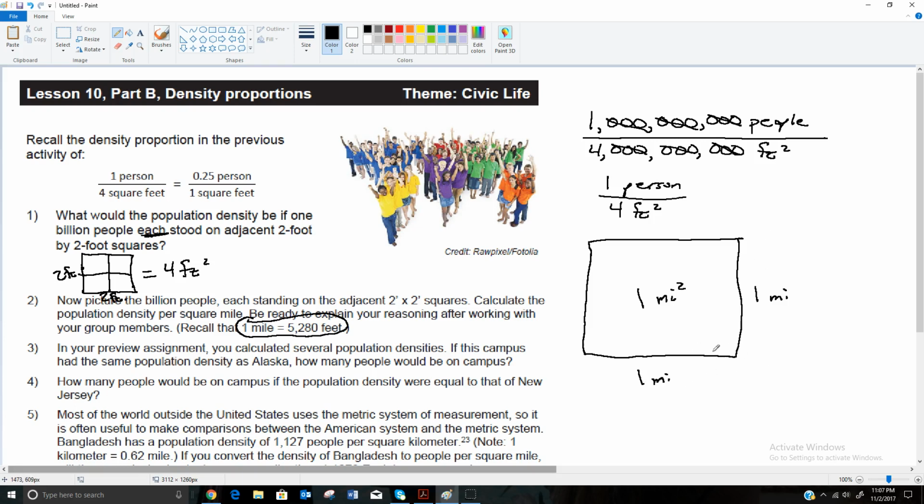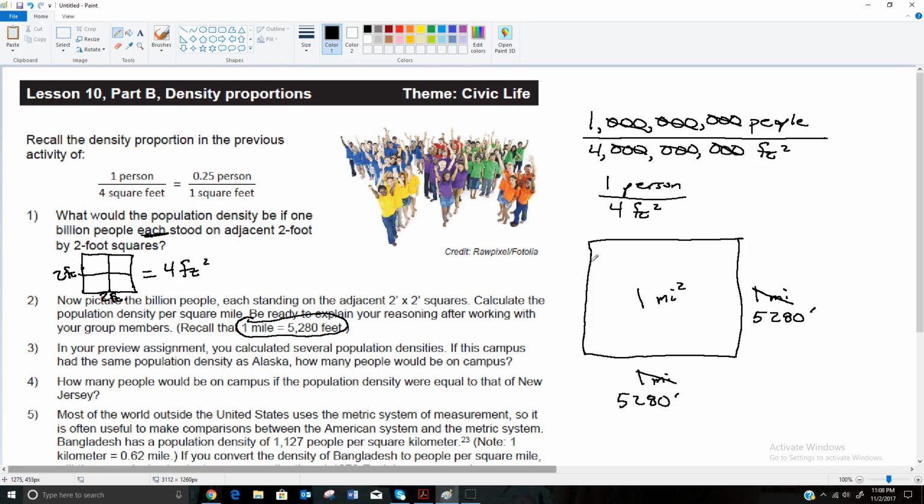So 1 mile this way and 1 mile this way. Now if we wanted to switch that to feet, this would become 5,280 feet, and this would also become 5,280 feet. If you remember, the way that you find the area of a square or a rectangle is you take length times width.